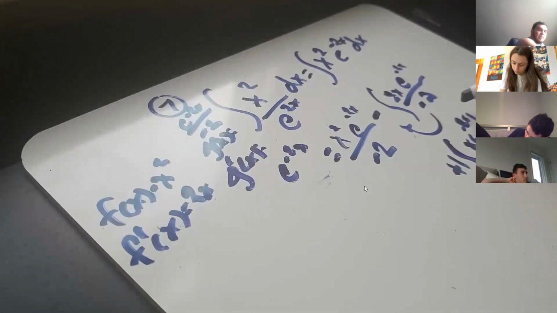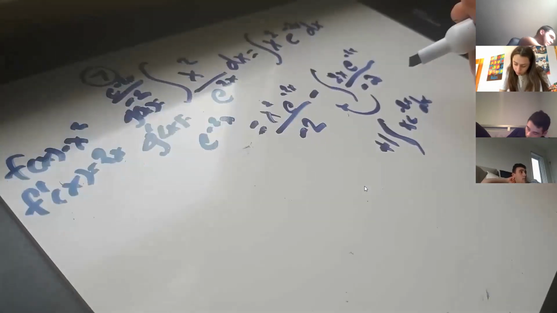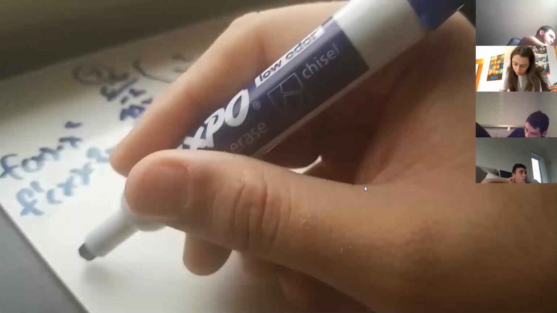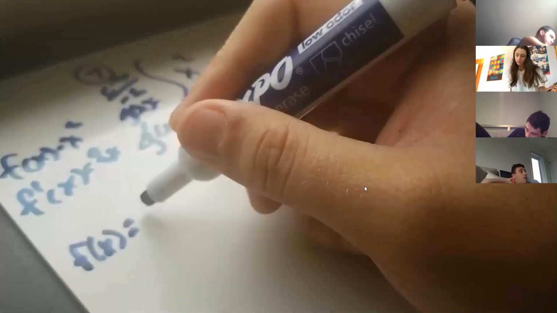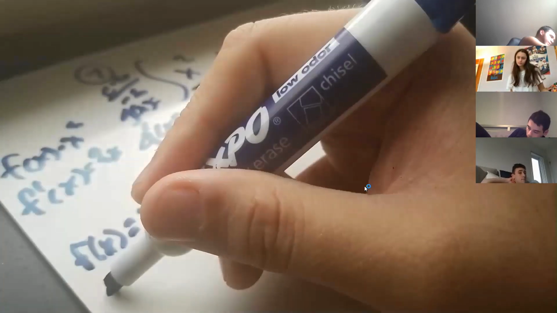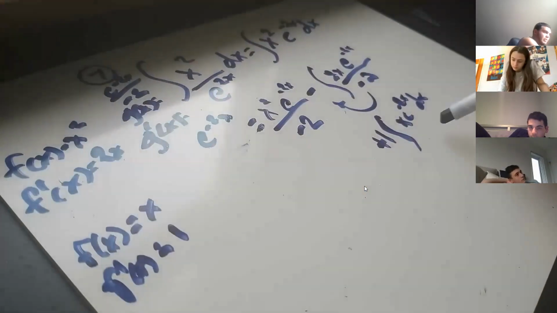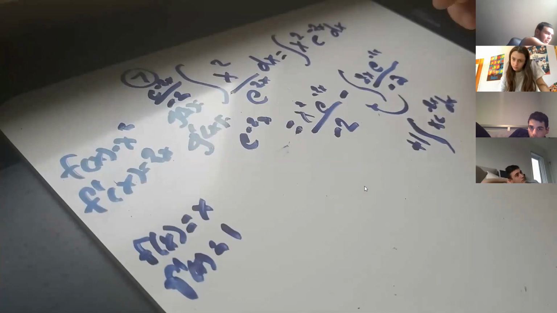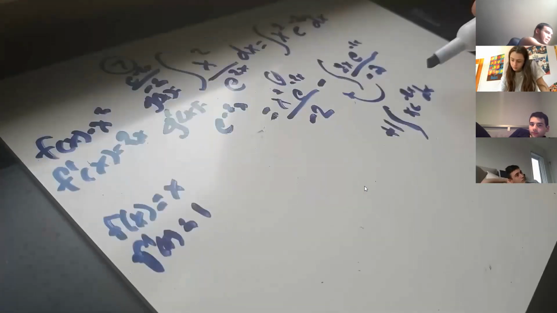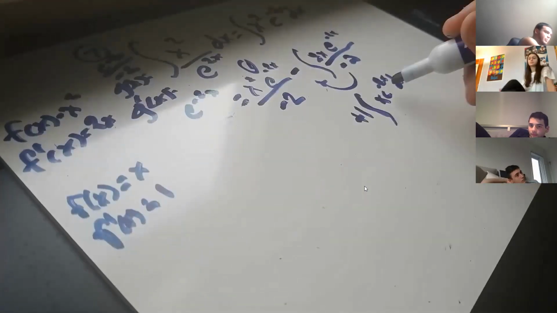All right, this got repeated, so we're happy with that. We're just going to redo our f of x's. The g of x's are the same in this case. So x, and then f prime of x is 1. We have to break up this one again. Time to apply integration by parts to this part.